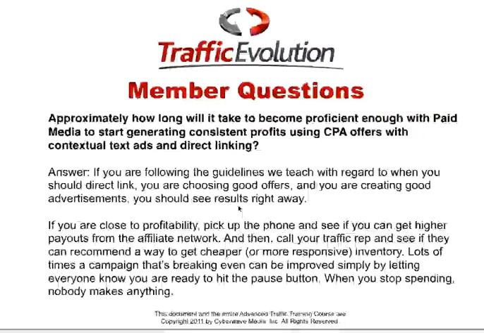Now again, and I know I've said this before, but if you're close to profitability, you pick up the phone and say, hey, is there some way you can get me more cheaper traffic? Because I'd love to spend more money with you. They want you to spend more money, and you want to spend more money because you want the ROI. A lot of this has to do with picking up the phone and staying close to the folks who are actually controlling the offer.